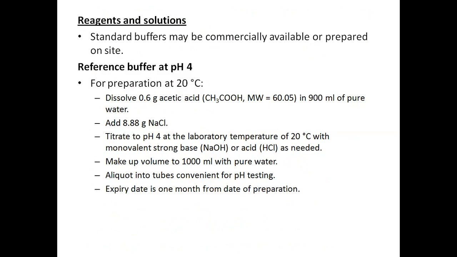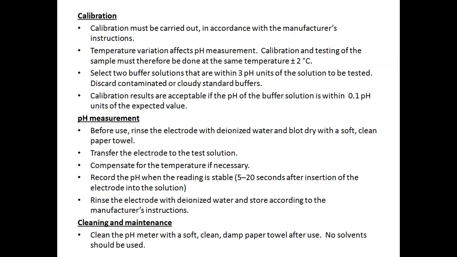If we're going to test for an acid, we will first calibrate our pH meter with a buffer of pH 7, and then with the buffer of pH 4. If we're testing for an alkaline solution, we will again place our pH meter in a buffer of pH 7, and then in a buffer of pH 10.